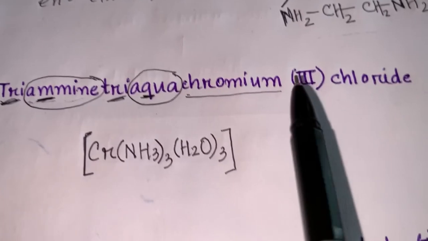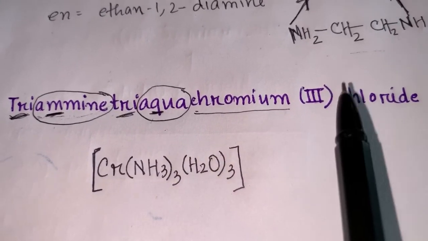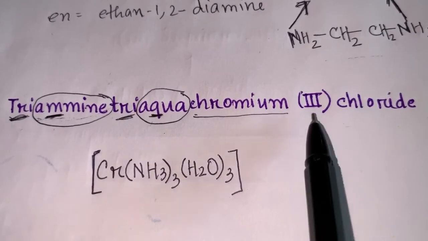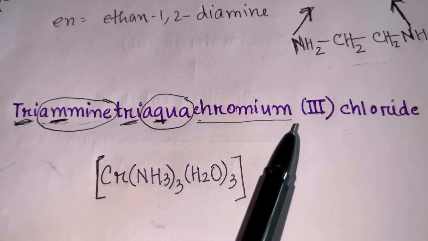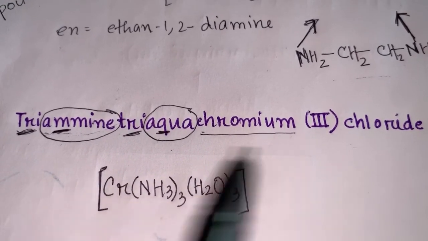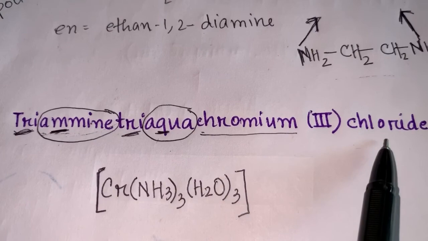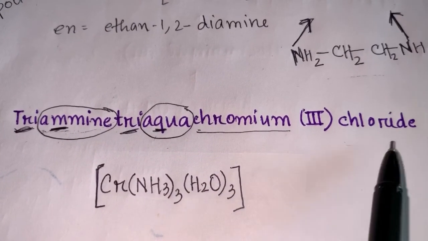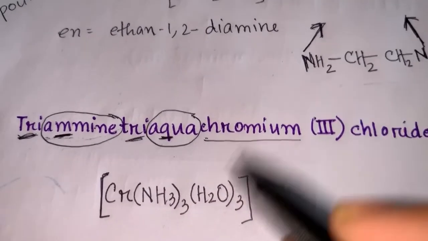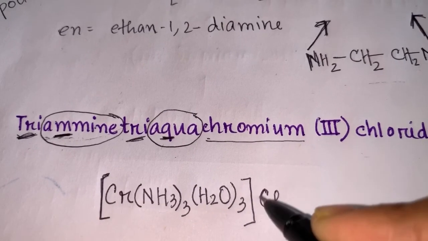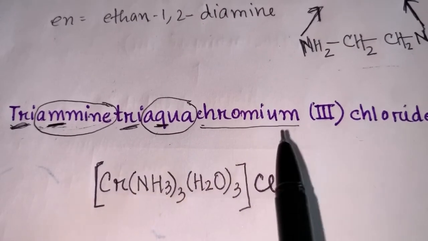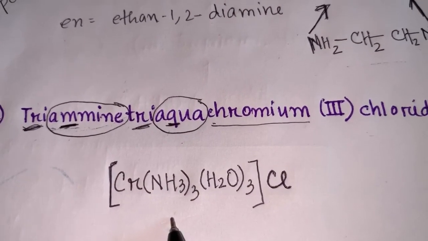Now what does this 3 tell us? This 3 tells us the oxidation state of the central metal atom in the coordination entity. Now if we have to find out the number of chloride ions to be placed outside, always check the net charge on the coordination entity.